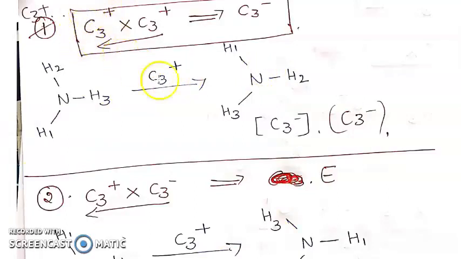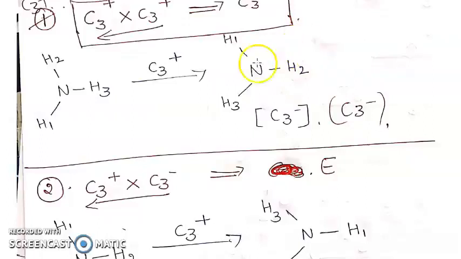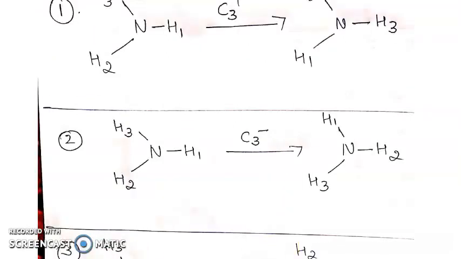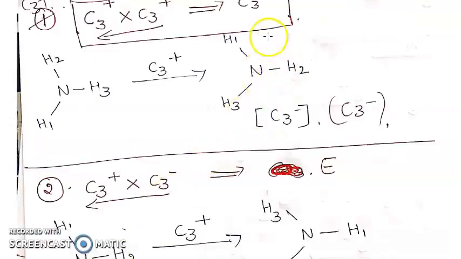C3 plus means rotation by 120 degrees in the clockwise direction. Then all the atoms will interchange. The second hydrogen atom will come here, the third hydrogen atom will shift here, and the first hydrogen atom will come here. We'll get this molecule, which, compared with the five different operations I showed at the start, is nothing but C3 minus.